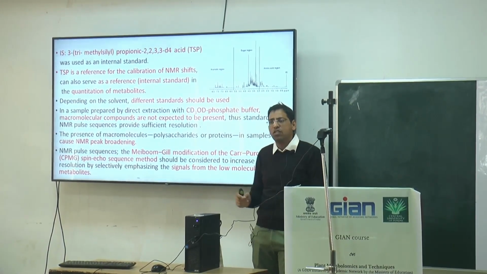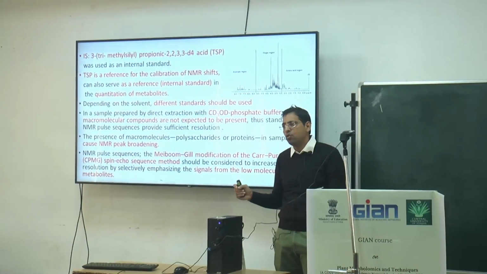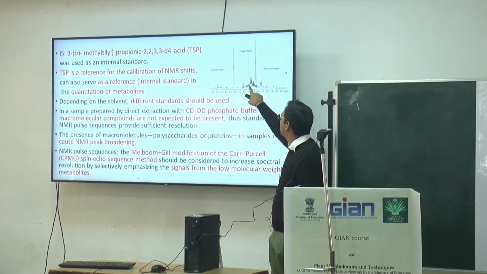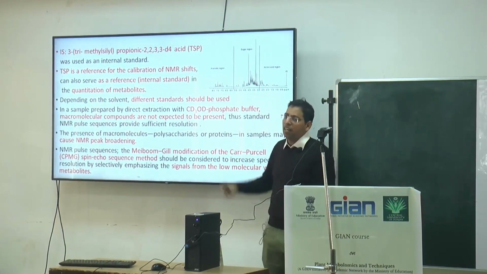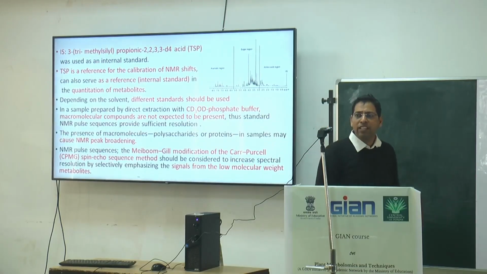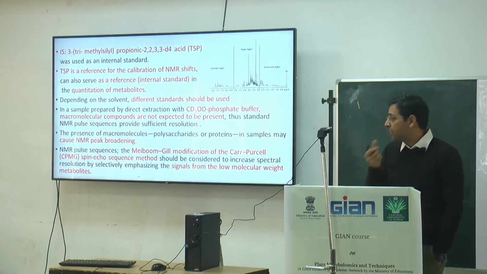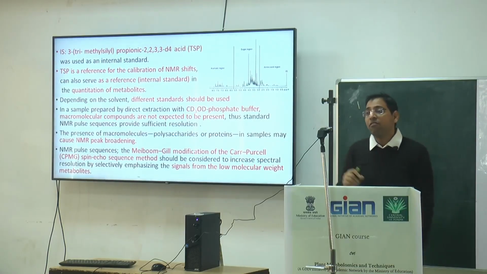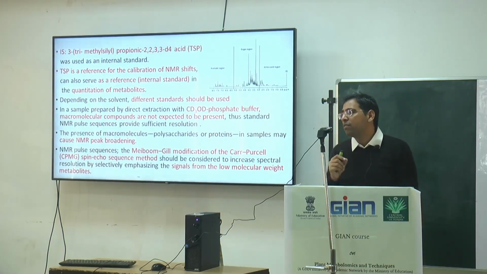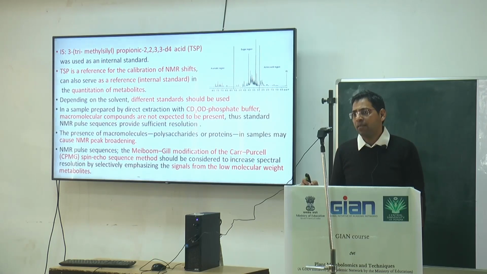But when there is some broadening and other issues, it comes up like this. So basically in the carbohydrates and amino acids, you can see the broadening. Now this broadening we can reduce by manipulating the parameters of the NMR.